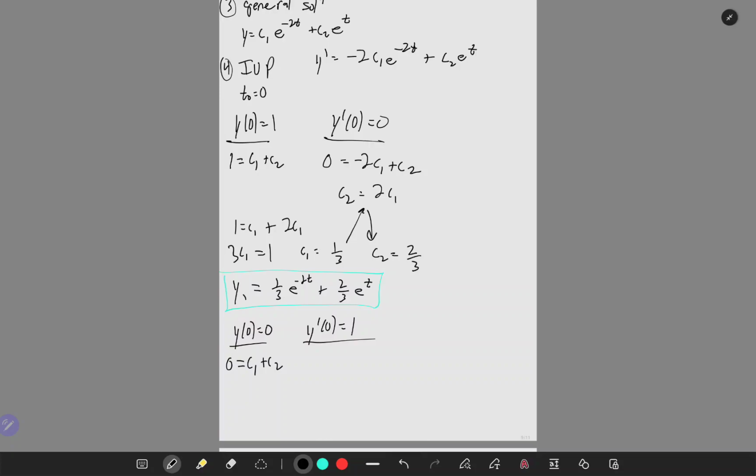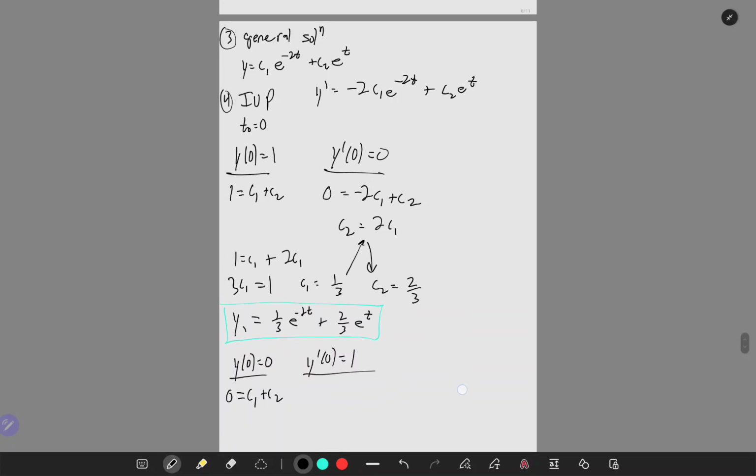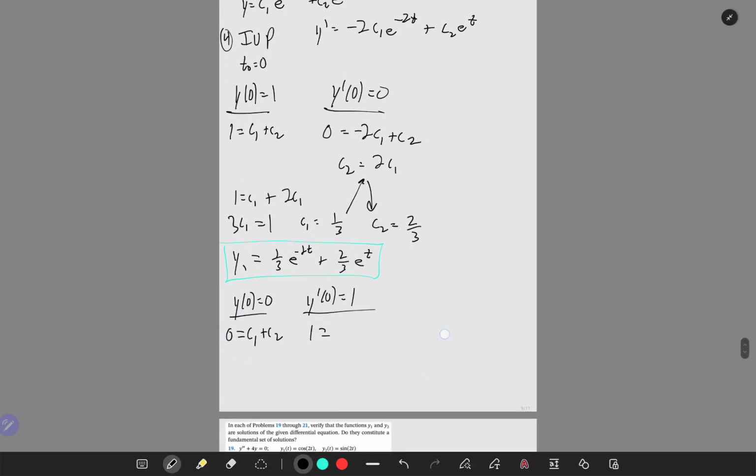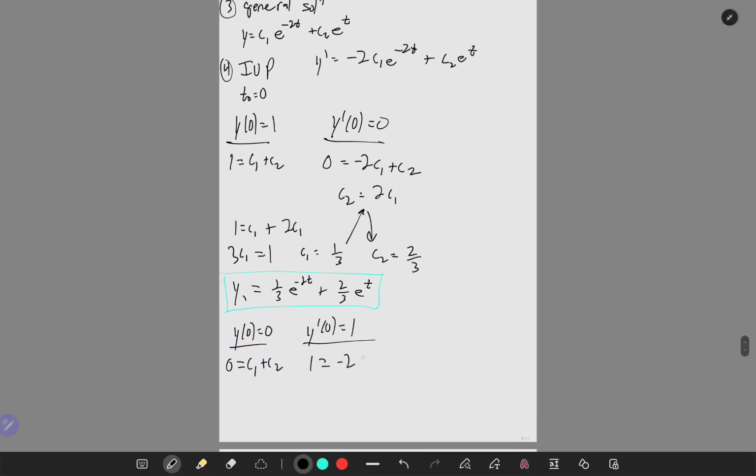And for this one over here, we have 1 equals negative 2 c1 plus c2, right?